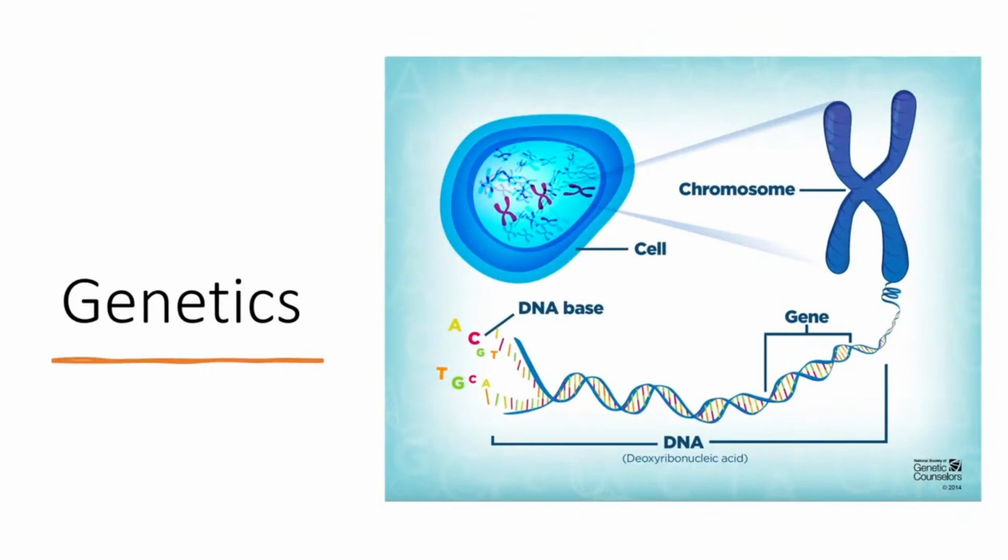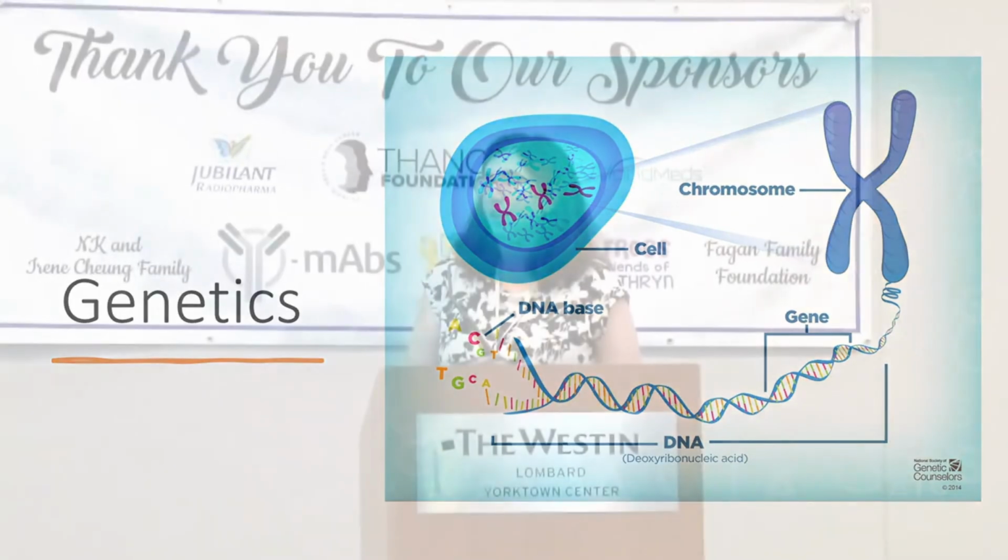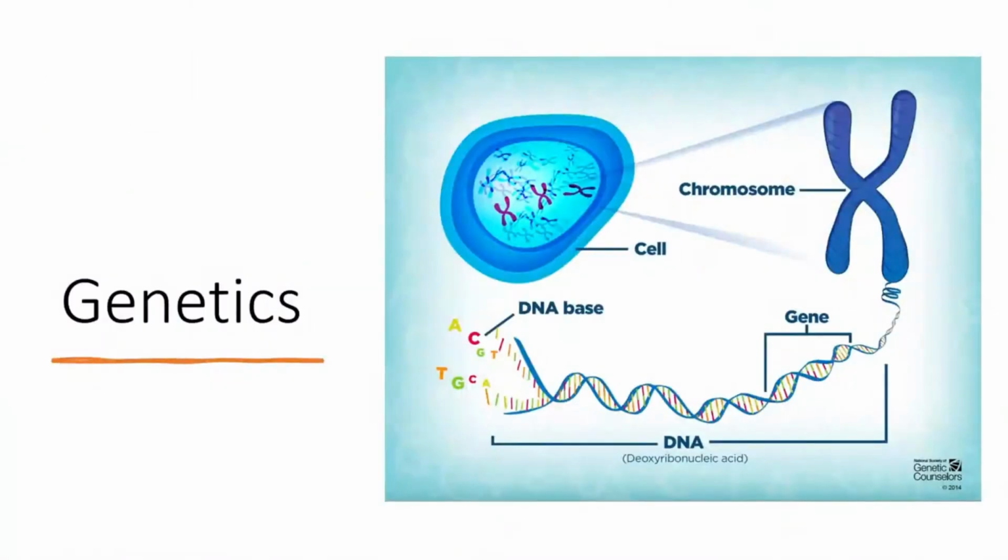So genetics is a very broad field that has evolved greatly over time, and really frames a lot of the work that we do in the way that we're treating these patients with neuroblastoma. So zooming in here from the level of the tumor cells, inside of all these cells we have things called chromosomes, those X-shaped structures that are made up of our DNA.